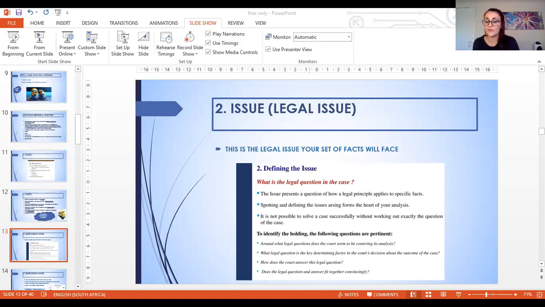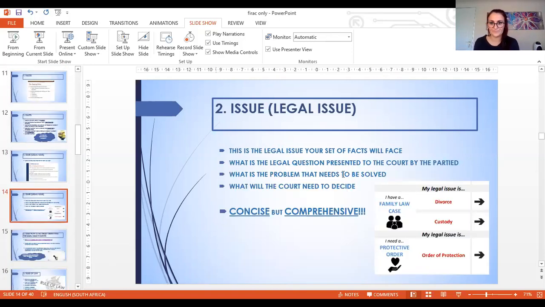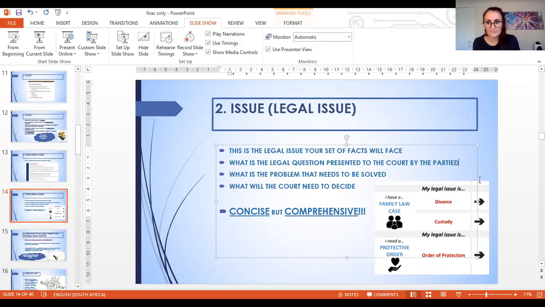Okay, that is the question that the court needs to answer. That is what the legal issue is. Okay. This is the legal issue of your set of facts. Okay, it is the legal question that is presented to the court by the parties concerned. Excuse my typo there.